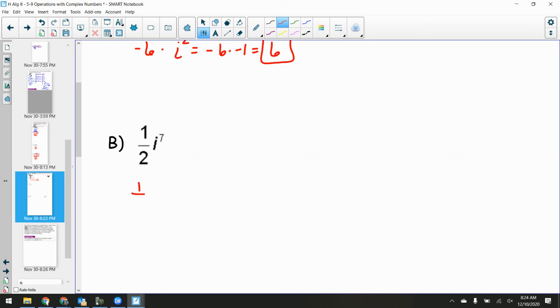Well, that'd be like saying 1/2 times i to the what? 3rd. I only take out 1 cycle of 4, 3 left over. So remember, it's 1, i, -1, -i. So -1/2 i.